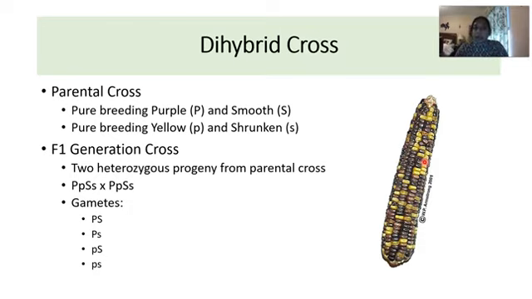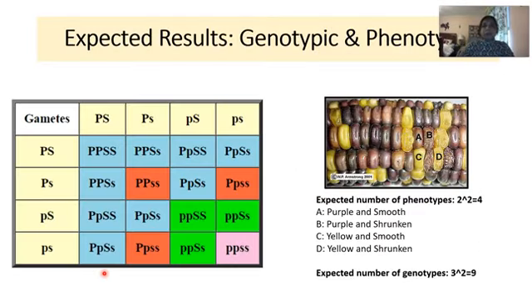And then the F1 generation, which is heterozygous for both of those loci, is allowed to cross together. The gametes in that case are going to be the same as what we just talked about. Some of them will contain both dominant alleles, some of them will contain one dominant and one recessive, and then some of them are going to have both recessive alleles for the two separate genes.